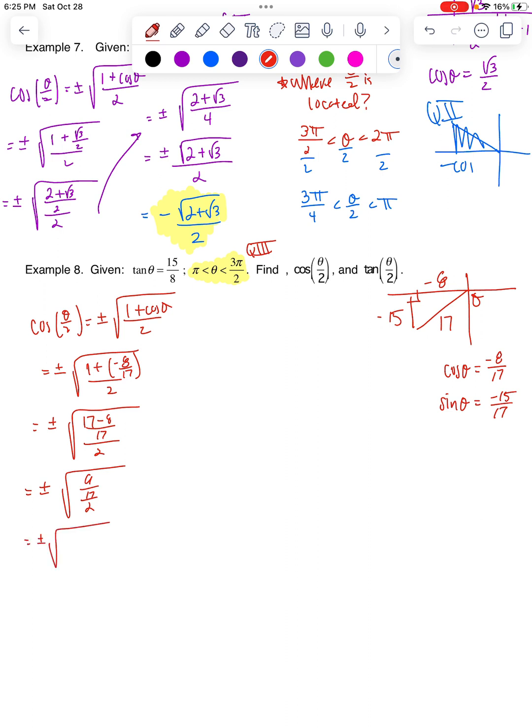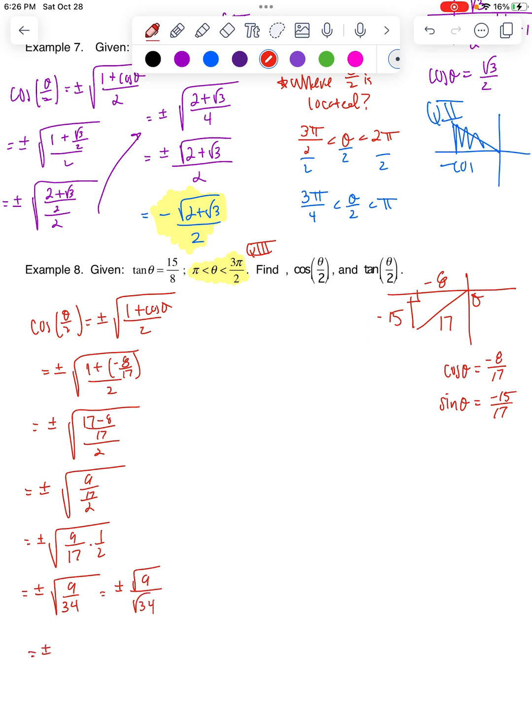This becomes 9 over 17 divided by 2. And again, I'm going to go ahead and multiply by the reciprocal of our second fraction. So that becomes 9 over 17 times 1/2. So we get the radical of 9 over 34. And again, if I were to split up those radicals, I have radical 9 over radical 34.